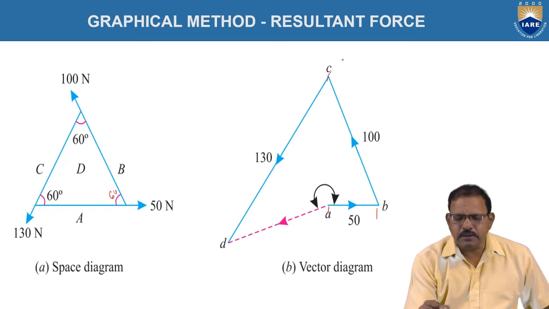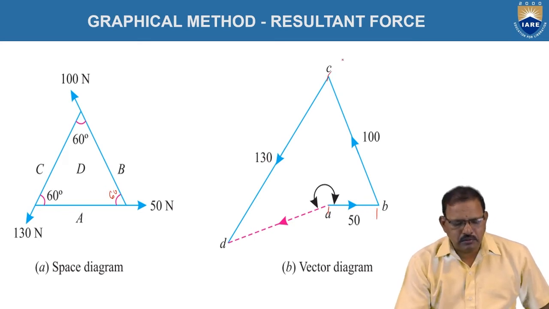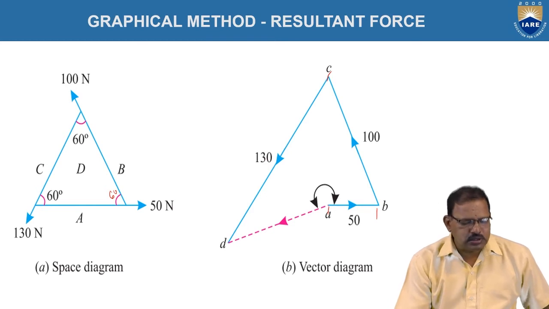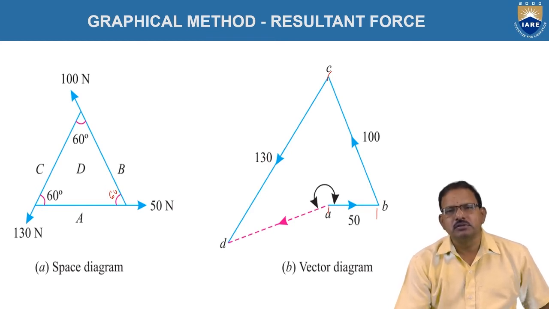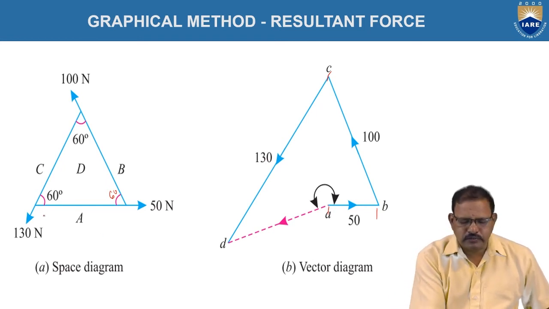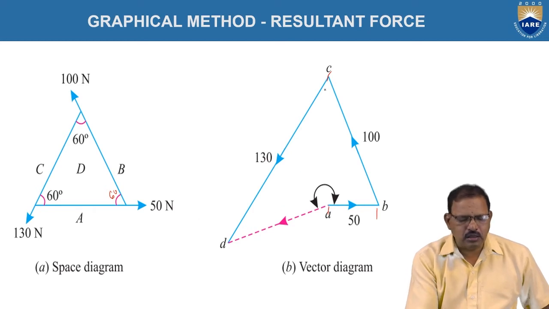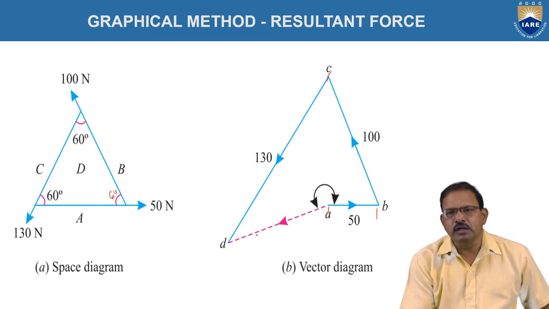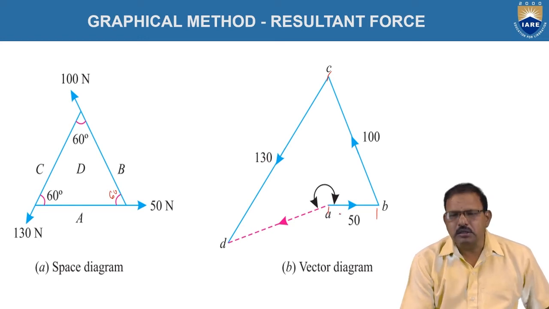Let BC represent the magnitude and direction of the B force now. And the C force has 130 newtons, so 130 mm is required from C to D, which is also at an angle of 60 degrees with the base. Take the included angle equal to 60 degrees, and the closing side DA is representing the resultant of these three forces, but acting in the opposite direction.